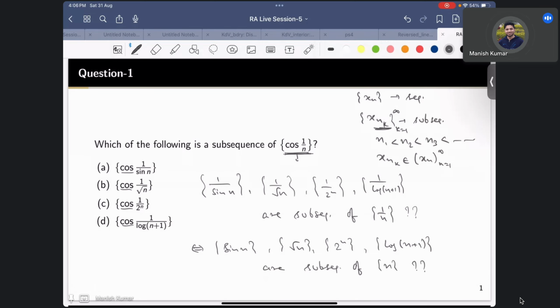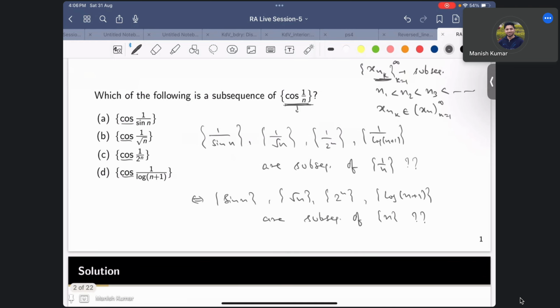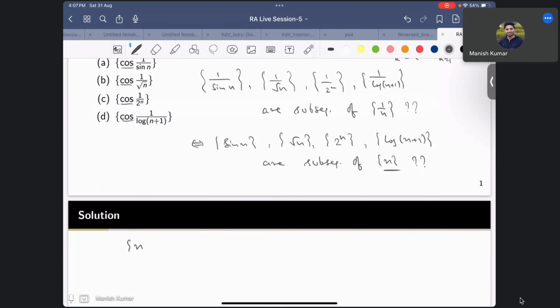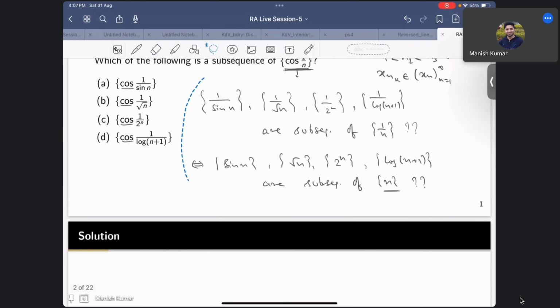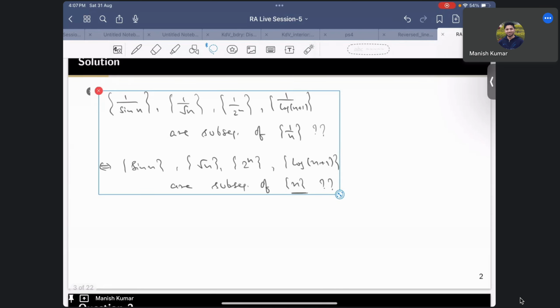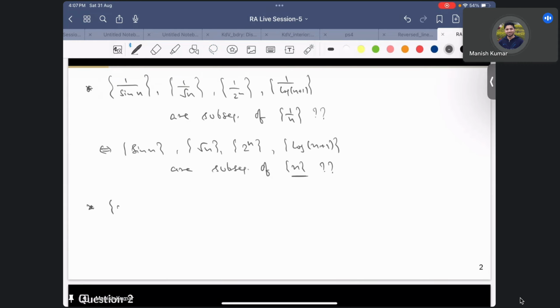You have to tell me which of the following is a subsequence of n. Now the problem is much easier. Just looking at it you can tell me. What is the sequence n? Let me just copy this up. So n is nothing but the natural numbers 1, 2, 3, 4, 5, 6 and so on.